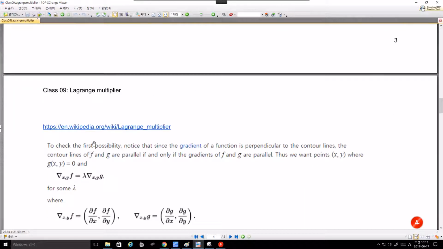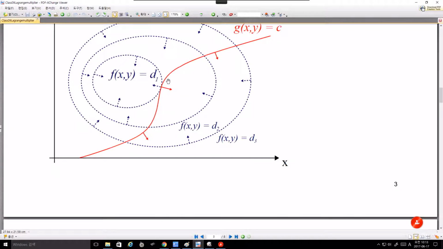So when they are tangent to each other, it means that their gradients are in the same direction, because the gradient is orthogonal, perpendicular, to this tangent line. Therefore, by that reasoning, the gradient of this level curve and the gradient of this trail should be in the same direction.